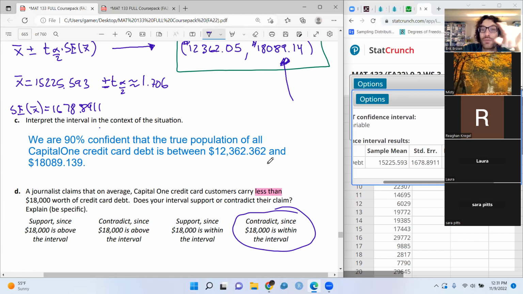So if it's within the interval and our claim is either less than or greater than, it's going to contradict. The only time within the interval can support is if it's an equal to statement. Someone's claiming the population mean is some value. If it's within, they're good. It's within the realm of possibility.